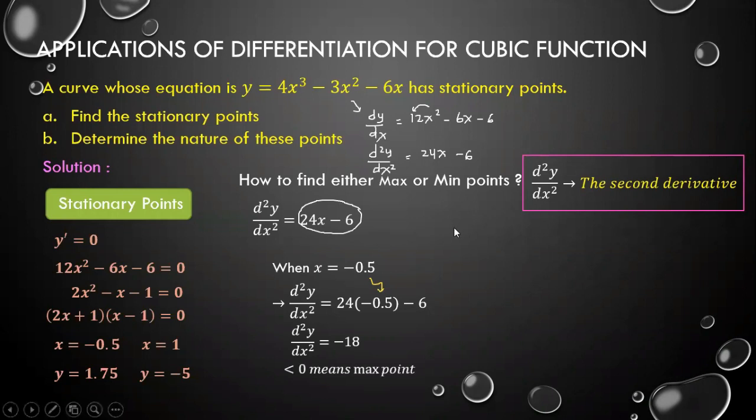When you find d2y over dx squared is minus 18, meaning less than 0, it means we call that the maximum point.